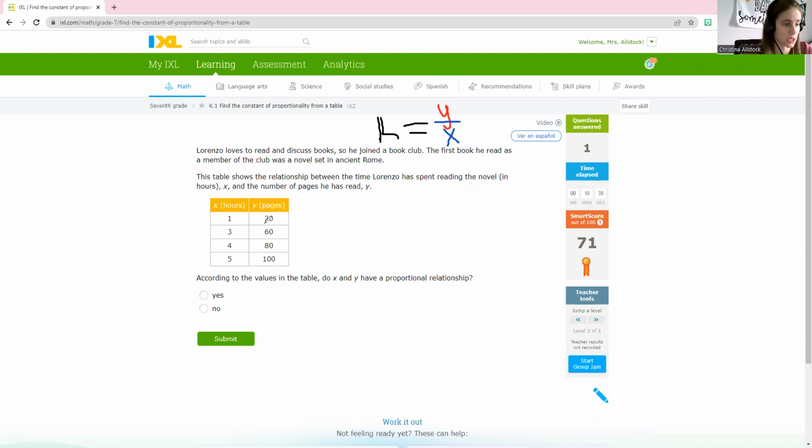So for our first one here, we'll do 20 divided by 1, Y divided by X. And that gives us 20. For our second one here, we'll do Y divided by X, which means we have 60 divided by 3. And that also gives us 20. So it's looking good. We need to check the other 4 to make sure.